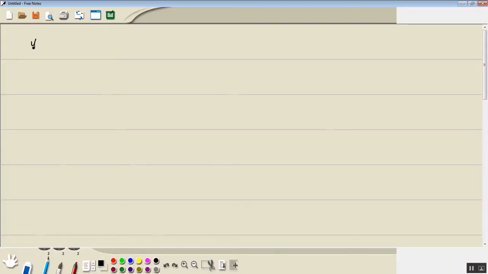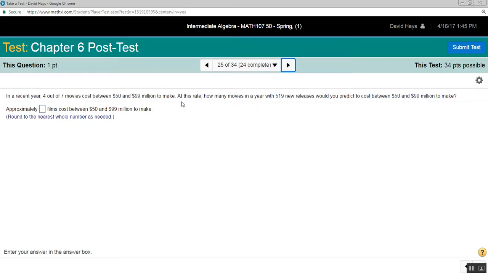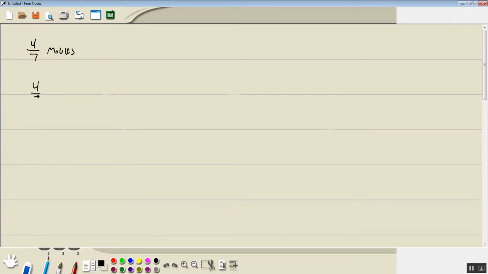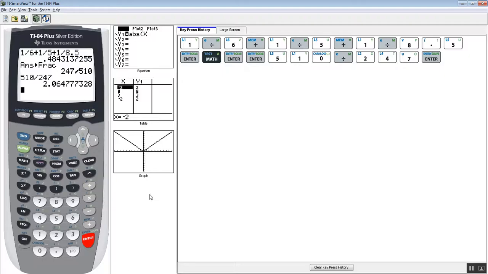So that means 4/7 of the movies cost between 50. At this rate, how many movies in a year with 519 releases? That's interesting. So 4 out of 7 times 519? That doesn't seem right. I could pretty well guess that one's going to be counted wrong.